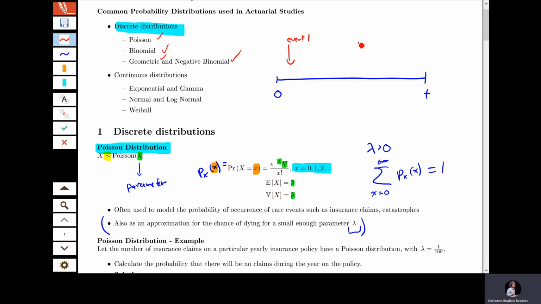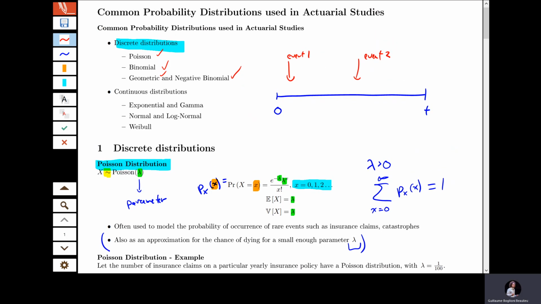Event 1, event 2, but the occurrence of the events is random. You don't know ahead of time when they're going to happen. But if those events happen absolutely independently of each other, then it's going to be the case that the number of events happening in this time period is going to be well modeled by a Poisson.